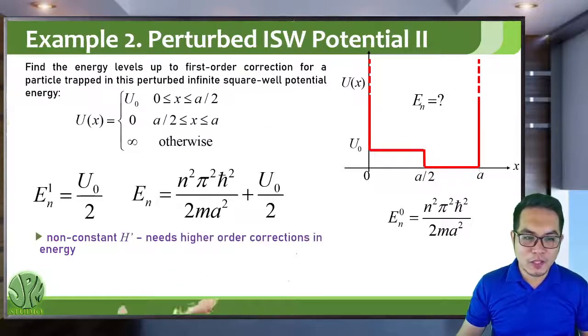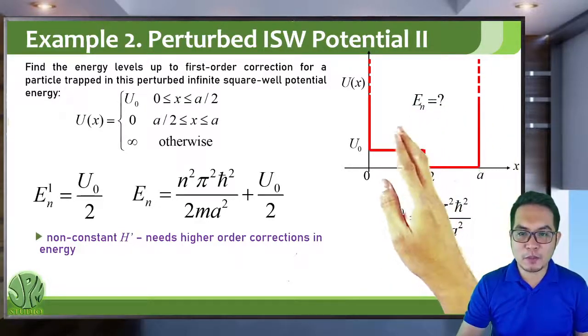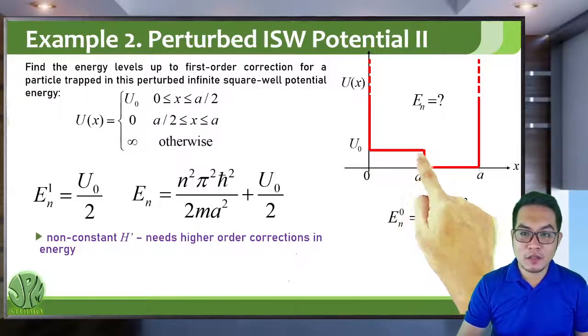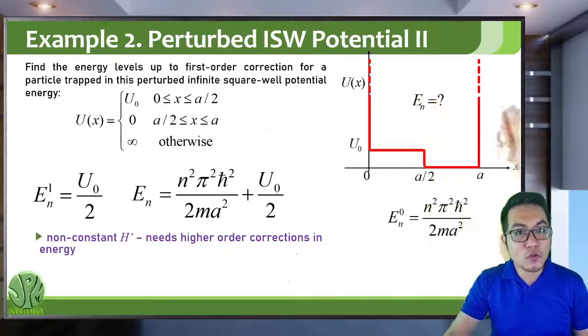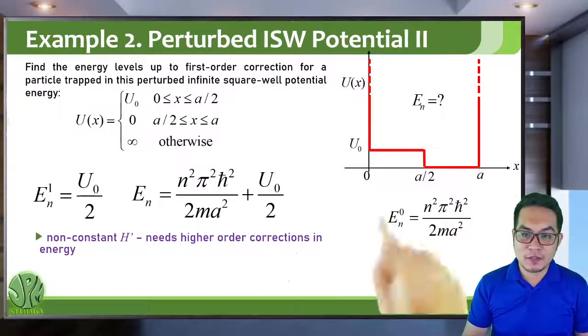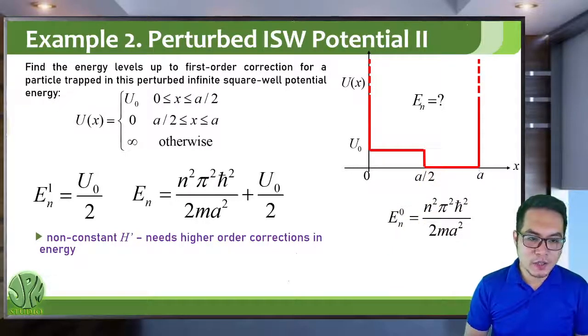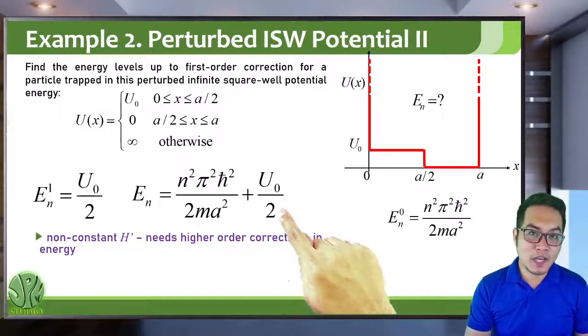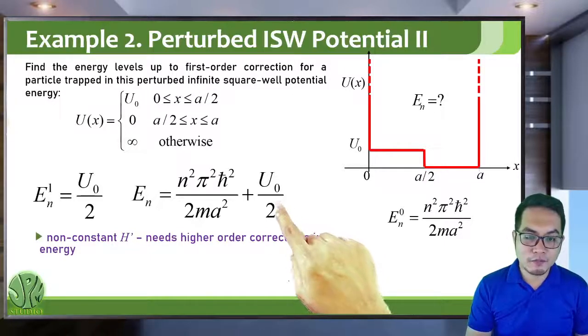You will actually need a higher order correction, because our h prime here is not constant all throughout the well. h prime here is u naught, but h prime here is 0. So it's not the same all throughout the well. If you don't have a constant h prime, you will need higher order correction. So this is not pretty much accurate. But if you are only required up to the first order correction, then this is already enough.